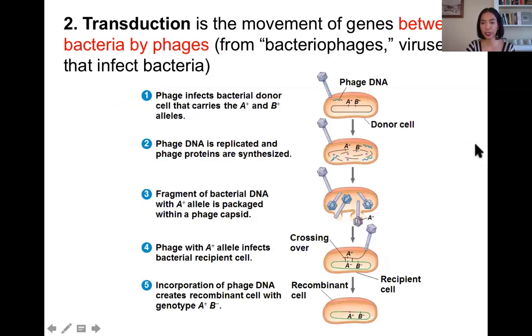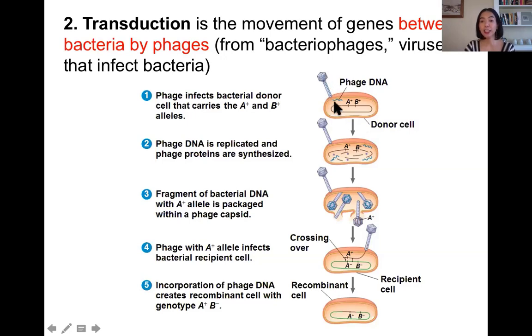The second mechanism is transduction. Let me move this over here. So in transduction, we have movements of DNA between different bacteria, but using phages. And hopefully you remember that phages are viruses that attack bacteria. So they're also called bacteriophages. Let's look into this example. Here we have a donor cell, and this donor cell is being infected by this phage.